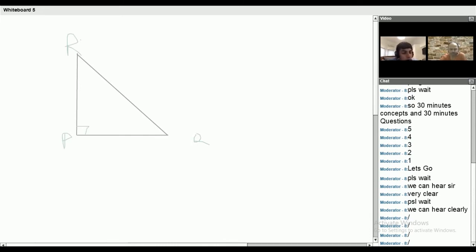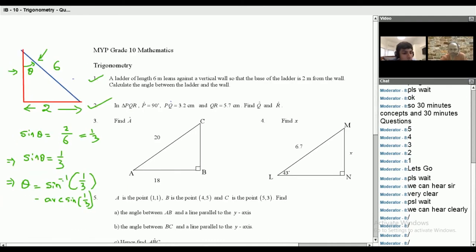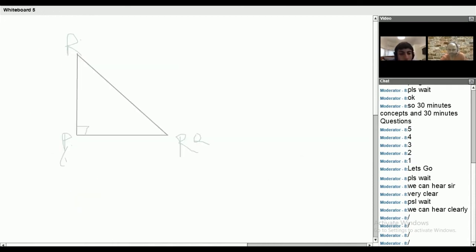Yes, this is true, 90 degrees. PQ is 3.2 and QR is 5.7. Okay. And we have to find Q and R. One angle is 90, so you have to find the remaining two angles. True.